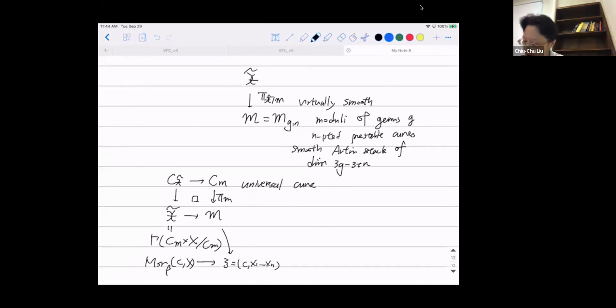And over the universal curve, we have the universal map to X. So when we restrict to each fiber, this is just a map from C to X. Oh, sorry, I made a typo.